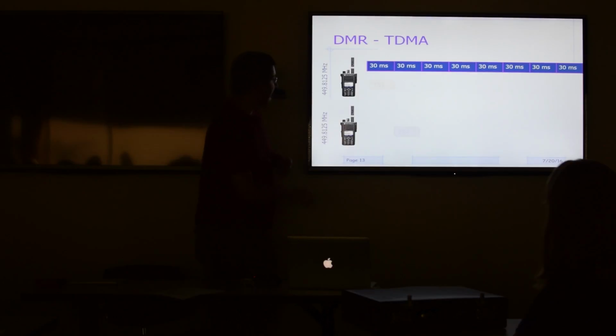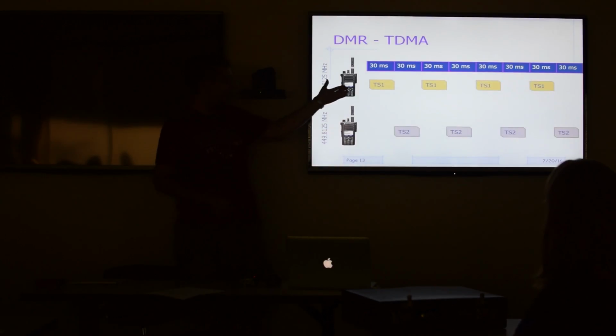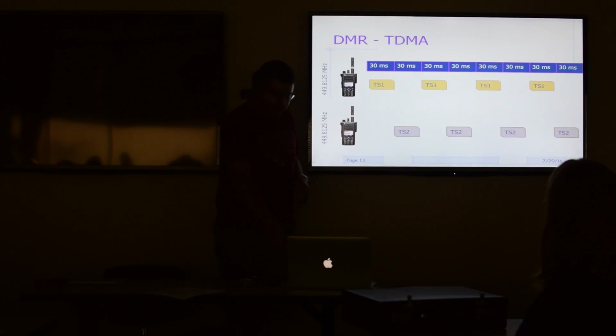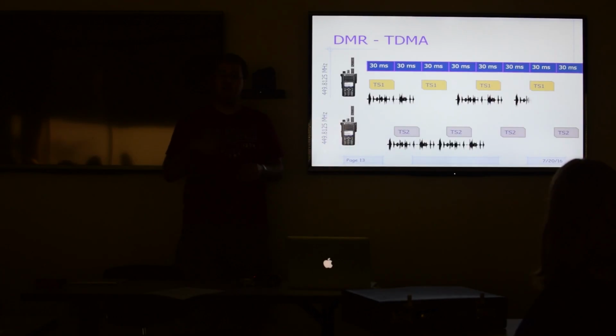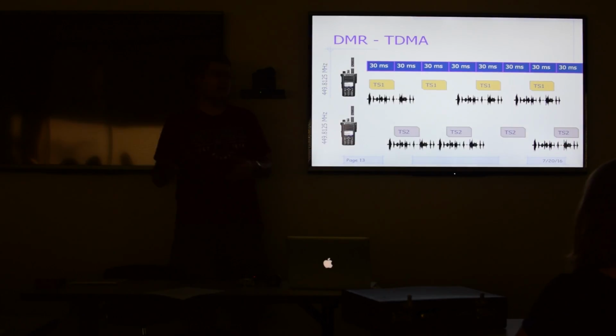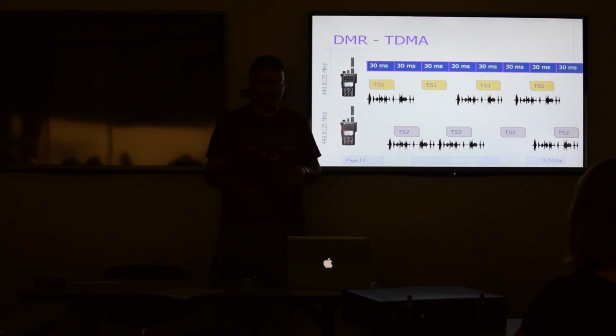But essentially, 2 people could be using it, 1 person on time slot 1, 1 person on time slot 2, and the voice would come through pretty much as you would know. Your radio is actually oscillating very quickly between transmit and receive. And it's also oscillating very quickly in terms of processing the audio. It's either storing it or it's actively processing it to send it out. So they're quite powerful little radios and repeaters that do this system.